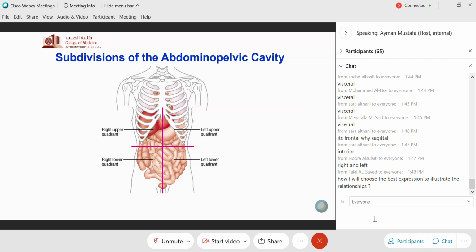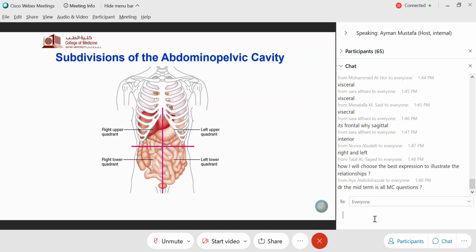I'm not going to tell you to define the relationship between the wrist and shoulder. It's not a short essay in the written exam. The OSPE, yes, you need to write. But in the written exam there will be choices for you. The midterm is all multiple choice questions.